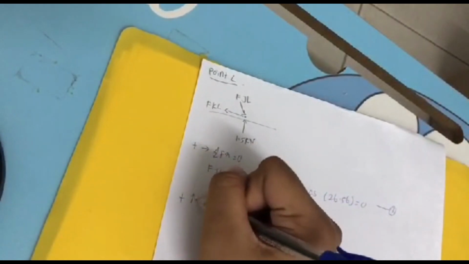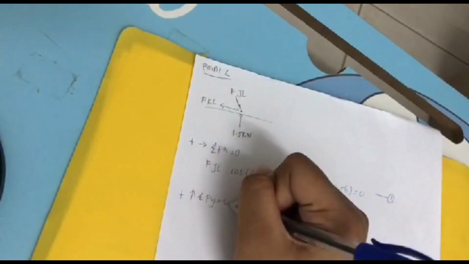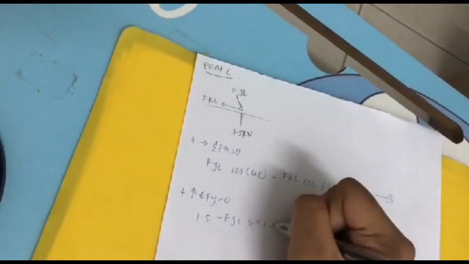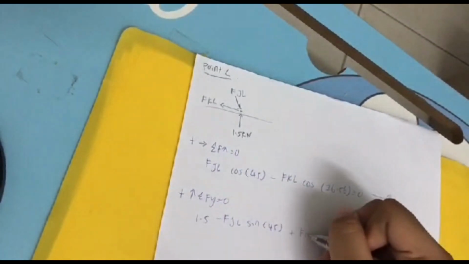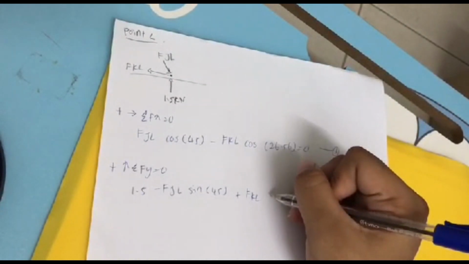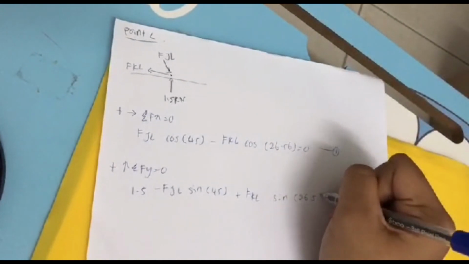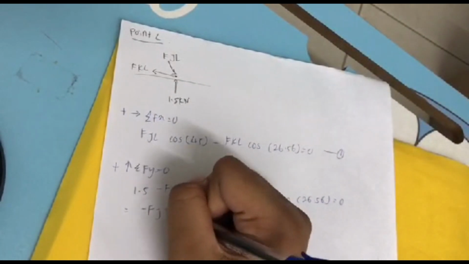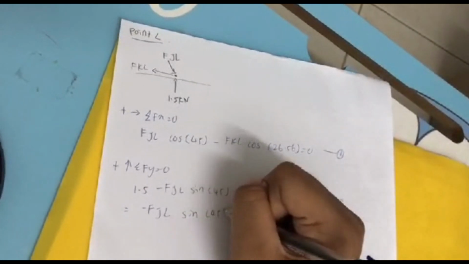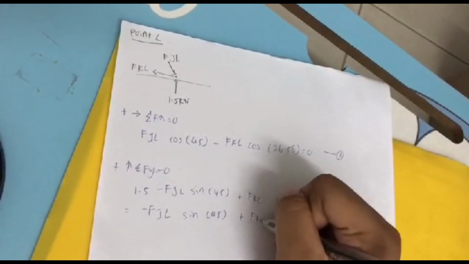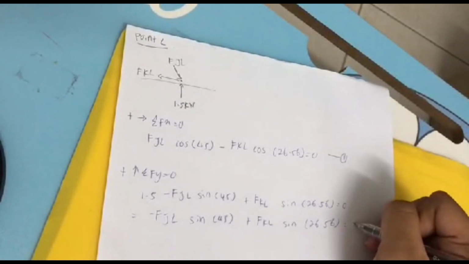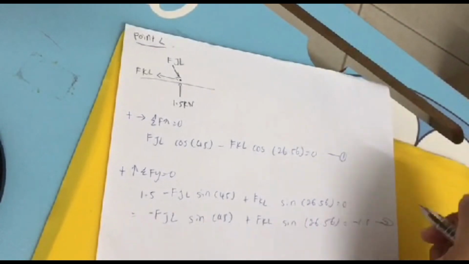And then for the y-axis, sum of Fy equal to 0, 1.5 minus force JL sine 45 plus force KL sine 26.56 equal to 0. And then we got negative force JL sine 45 plus force KL sine 26.56 equal to negative 1.5. This is equation number 2.